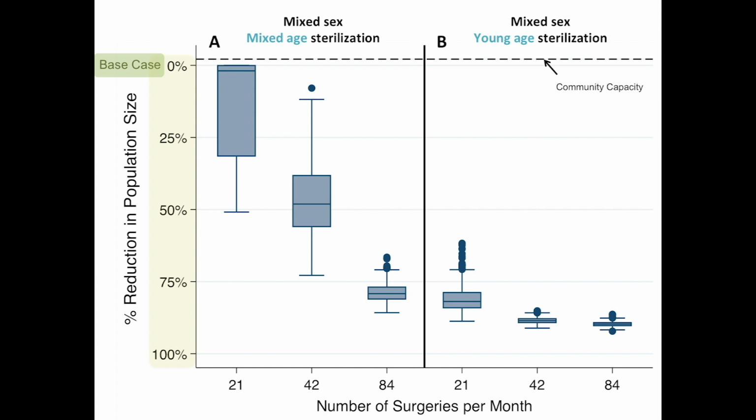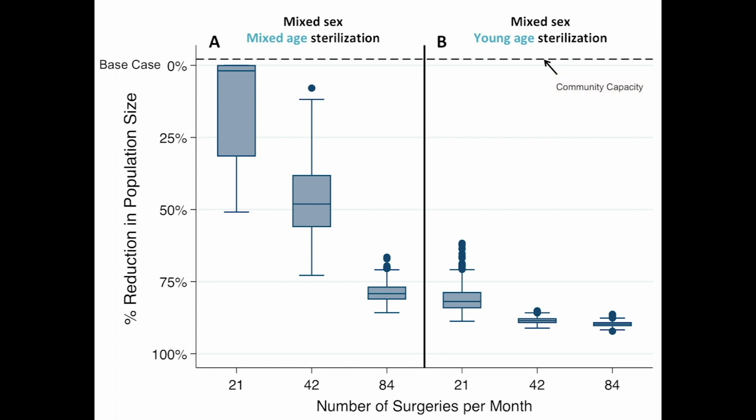The base case scenario in the model is the scenario absent of surgical sterilization. We also added in the model a community capacity to limit the exponential growth of the dog population, and that's represented there. I just forgot to mention the base case scenario is set at 0% in the graph.